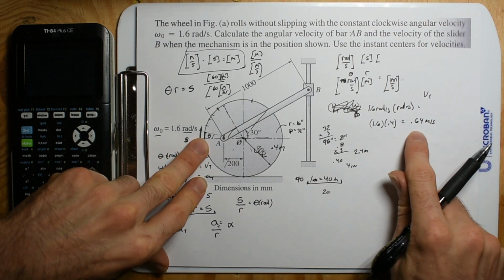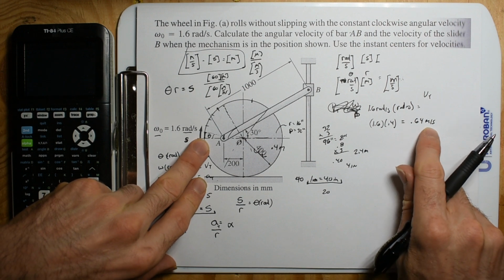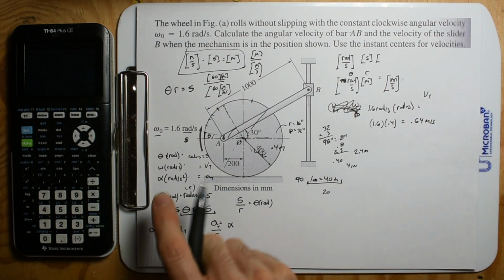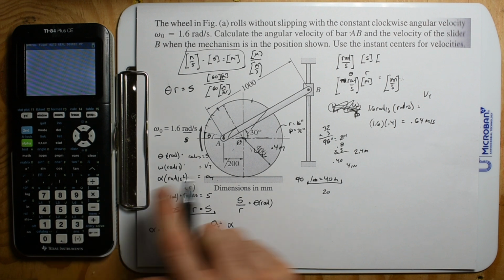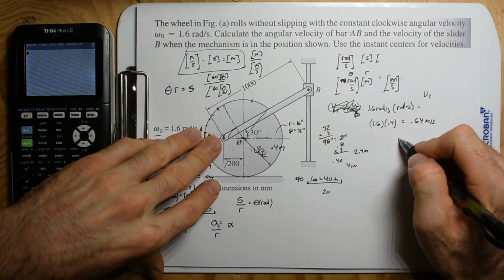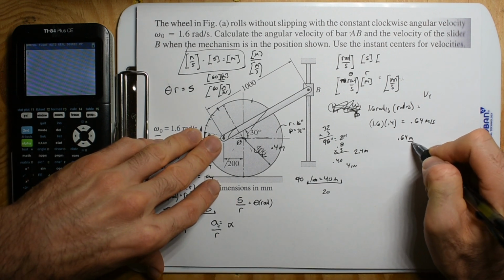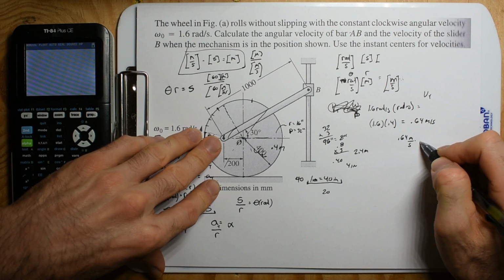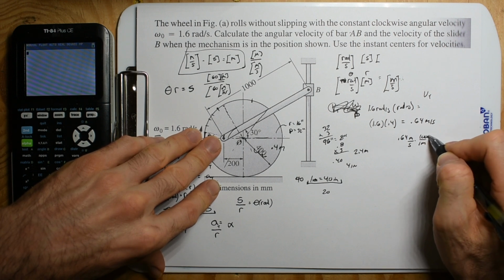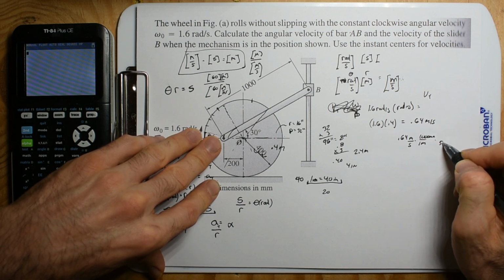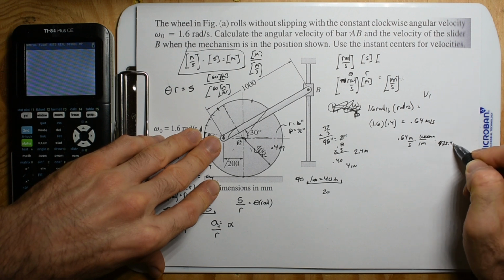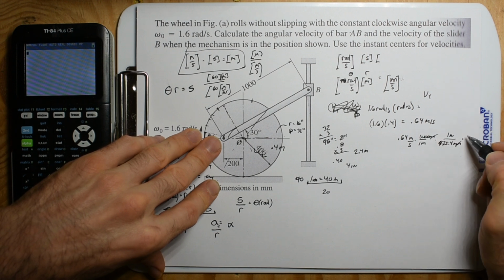Is that even right? Tangential velocity is 0.64 meters per second. How many feet is that? I'm going to do 1 meter is 1,000 millimeters, and 1 inch is 25.4 millimeters, and then 12 inches per foot.